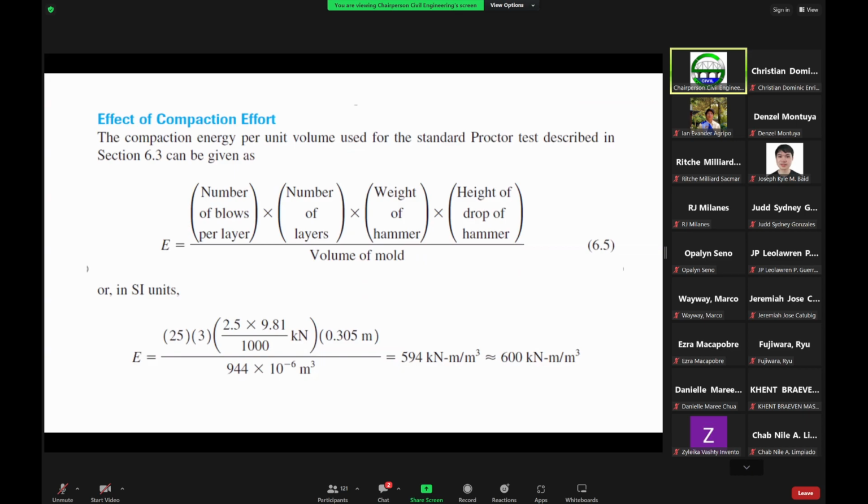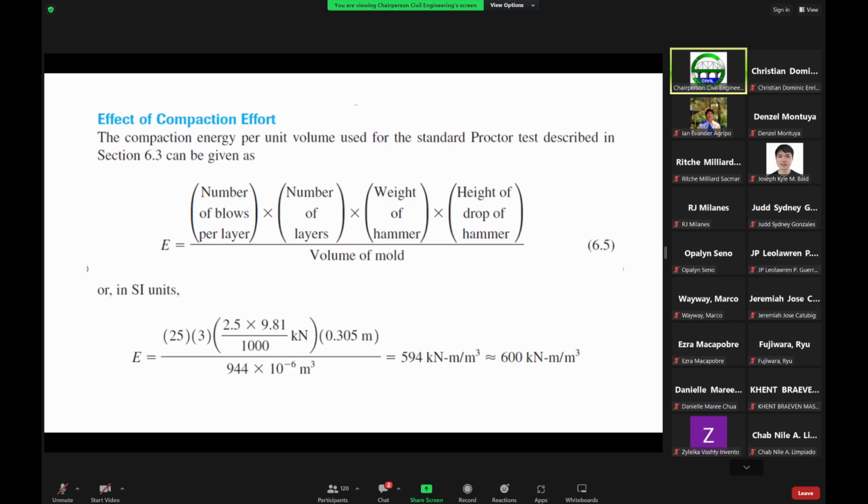Now there's also what we call the effect of the compaction effort. Before we go to the effect, let's first define what we mean by the compaction energy.